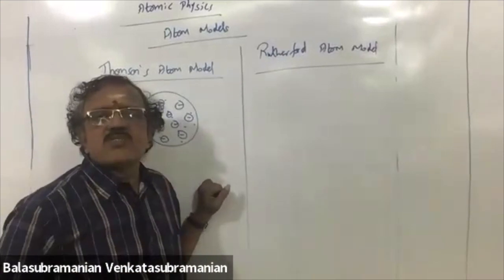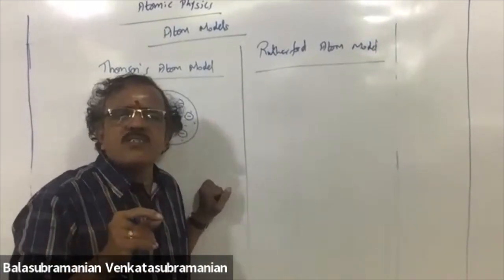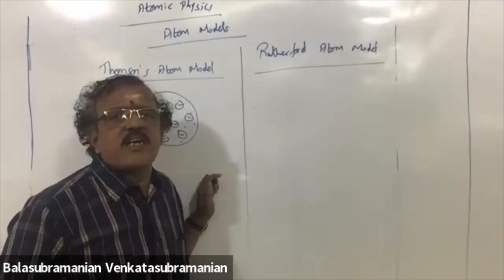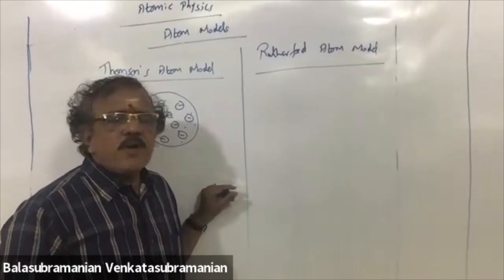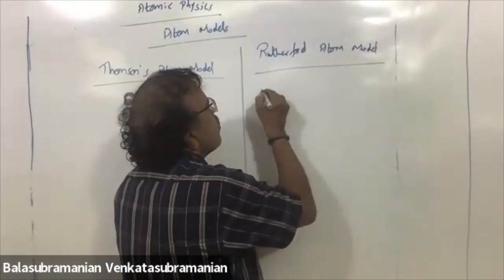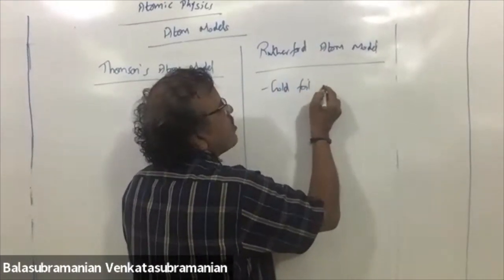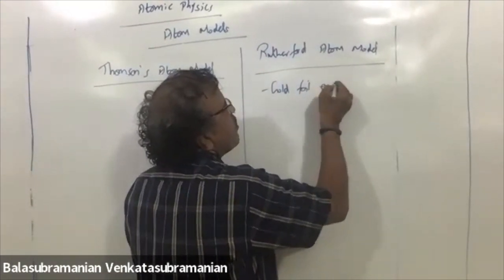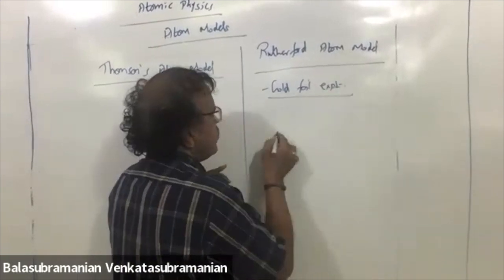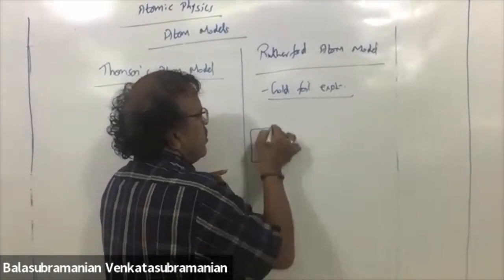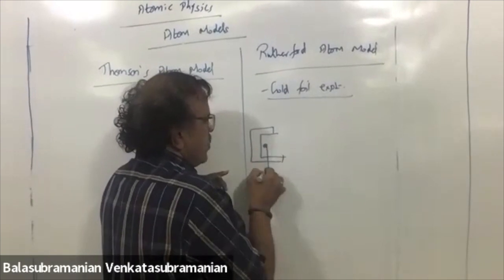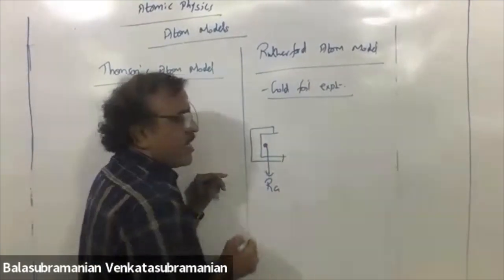To discuss the positive charge present inside, he performed the gold foil experiment, the alpha particle gold foil experiment by Rutherford. This is a lead chamber with radium, a radioactive material.